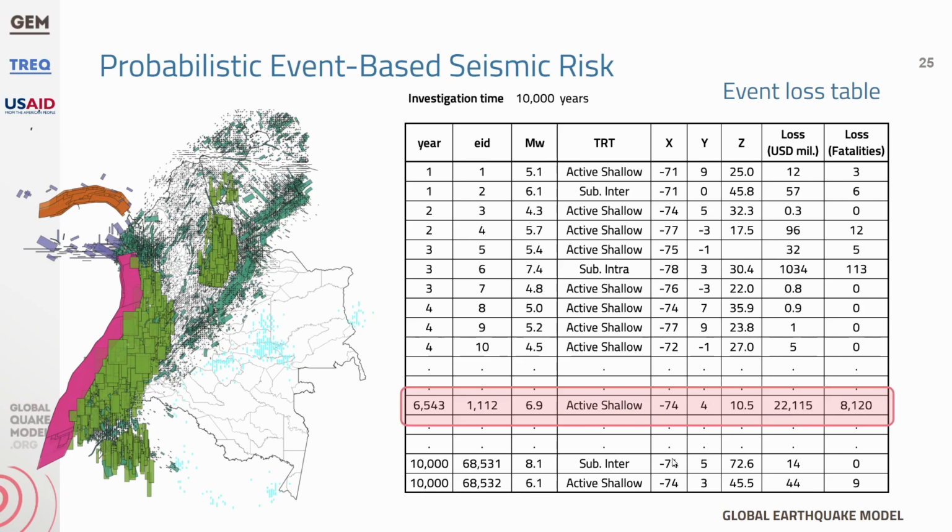So what is the likelihood that we will see this event and any other event in this loss table for that matter? So in other words, what we're saying is that we want to understand what is the return period, or seen from another way, the annual probability of exceedance of each one of the losses that we see here in the table.